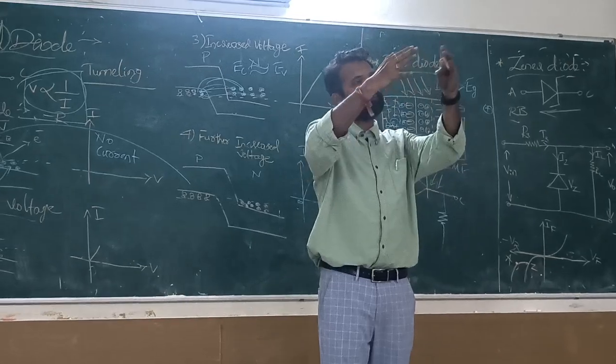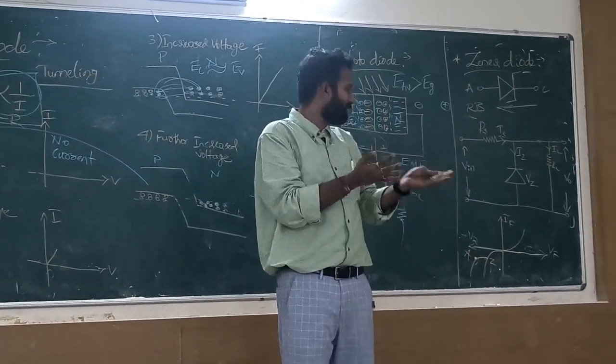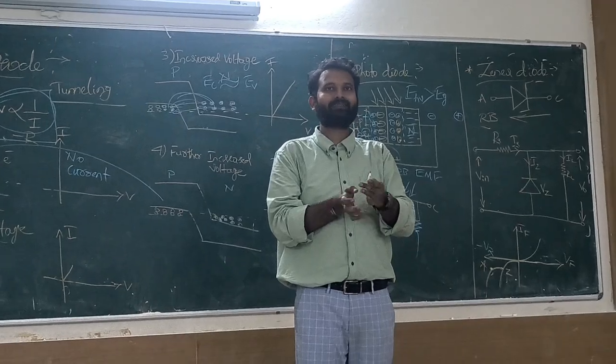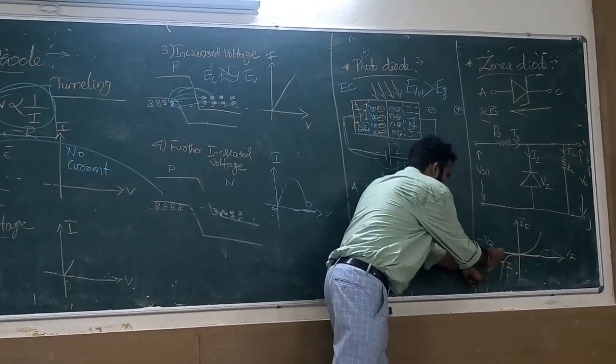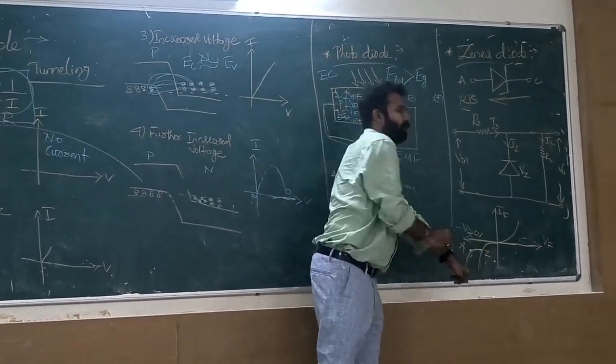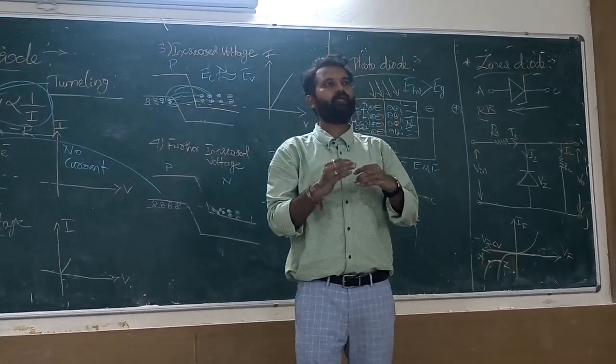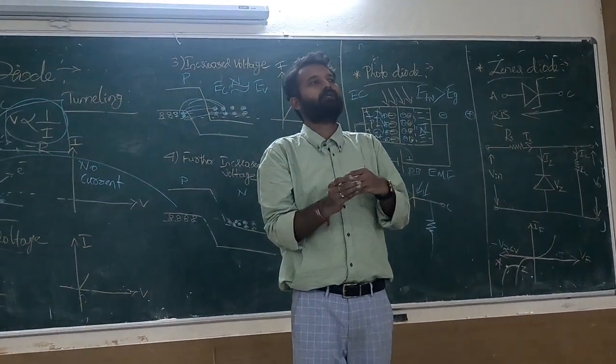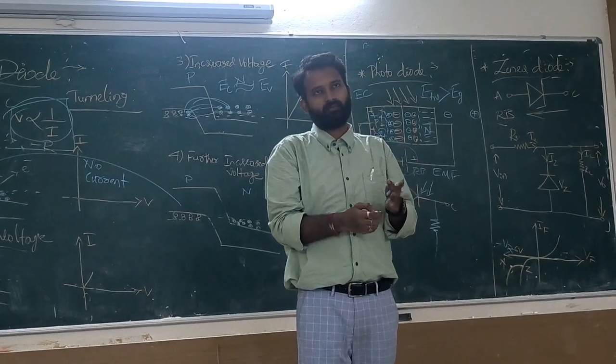Like that, it creates a bunch of electrons. That is nothing but avalanche. That will break down the junction at a certain voltage. Practically it is minus 6 volts. When you increase beyond 5.5 or nearly 6, you get avalanche breakdown.